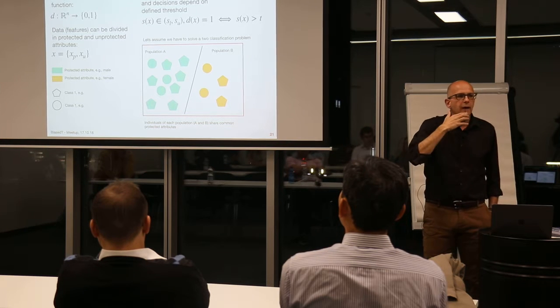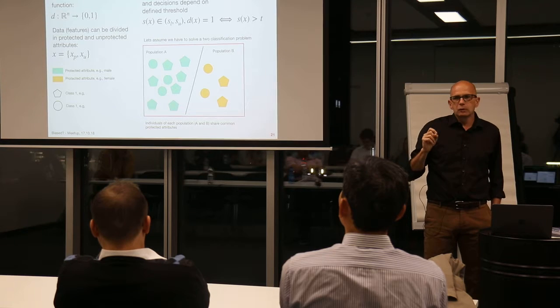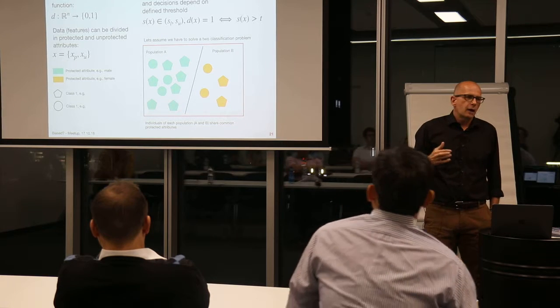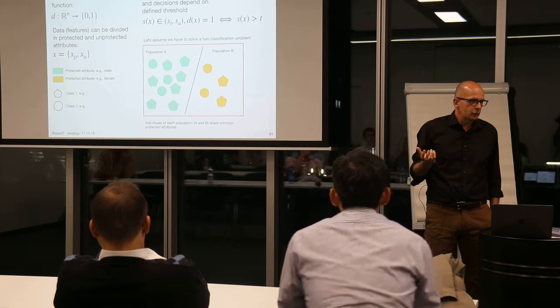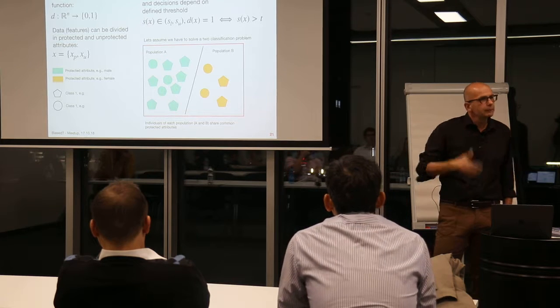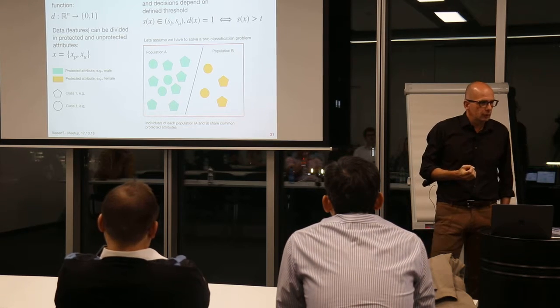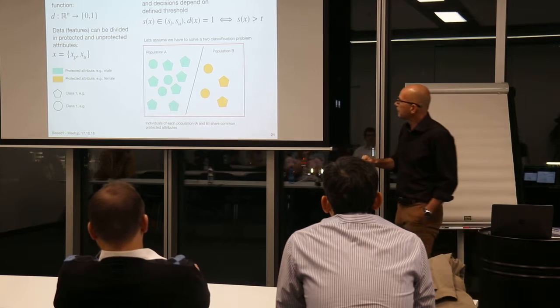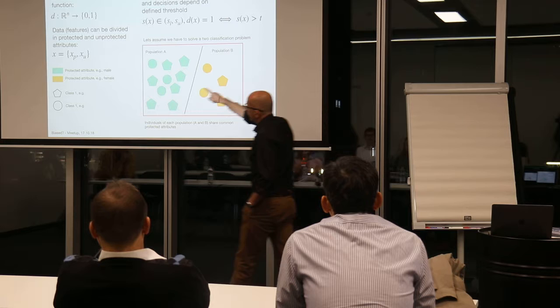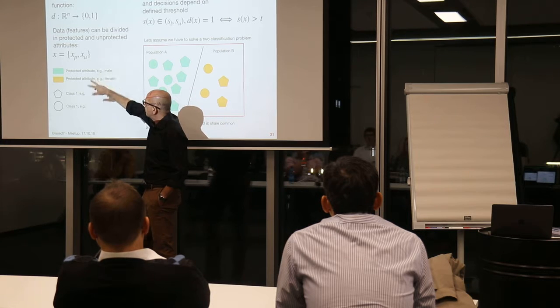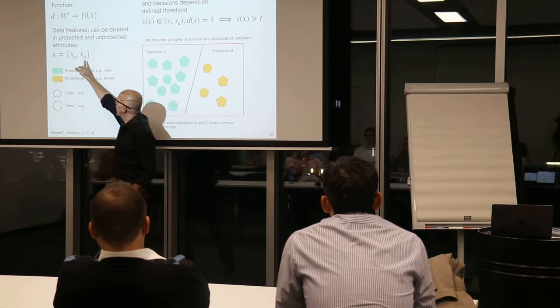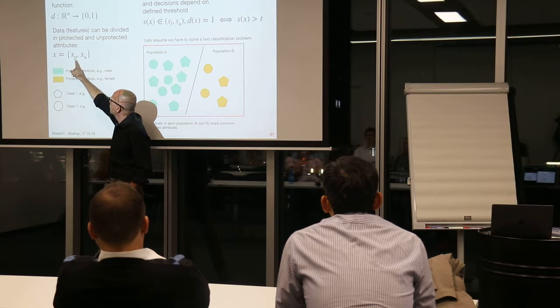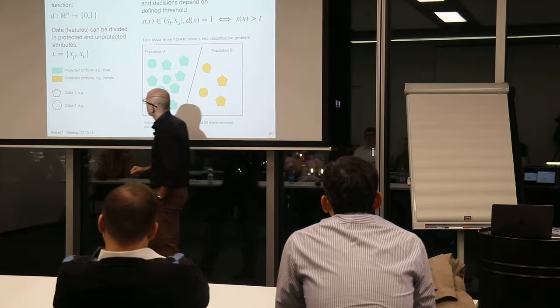So these are basically attributes which are also schützenswert, as it is called, which can be a problem in a model, and have been a problem in the example I gave you at the beginning. So basically you can make a partition of your attributes for each individual by protected and unprotected variable.